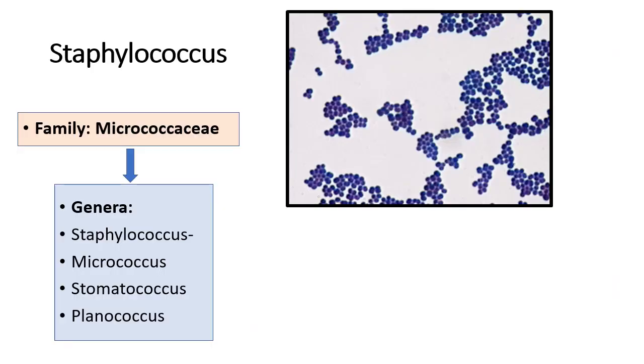Now coming to Staphylococcus in detail, here you can see the image very clearly, and you can see that they are purple colored spherical bacteria which are arranged in clusters. The family is Micrococci, and in the family we have several genera. The genera are Staphylococcus, Micrococcus, Tomatococcus, and Planococcus.